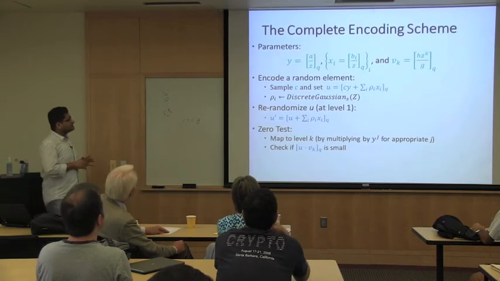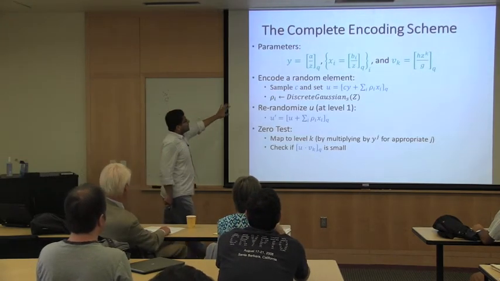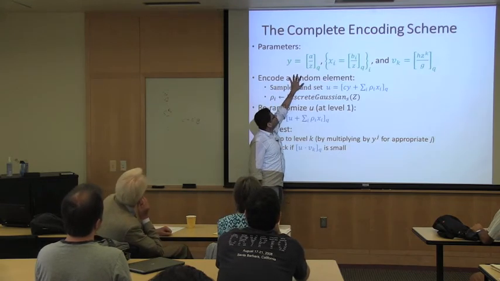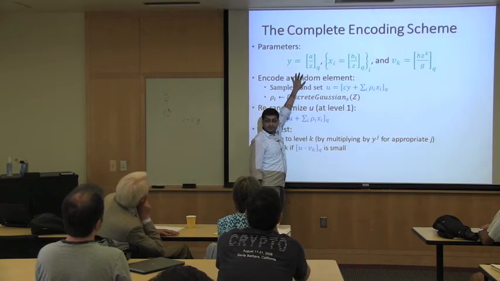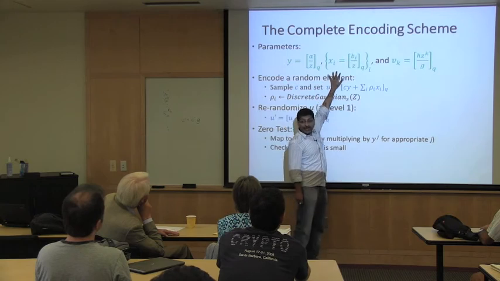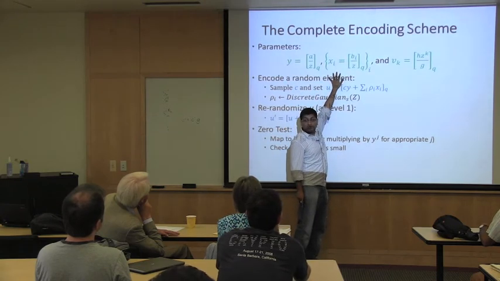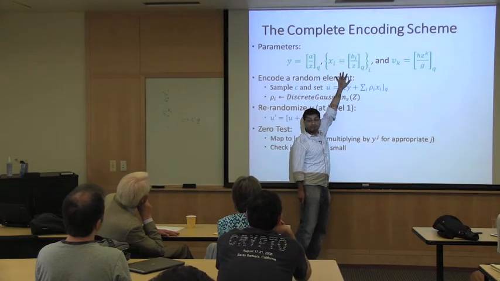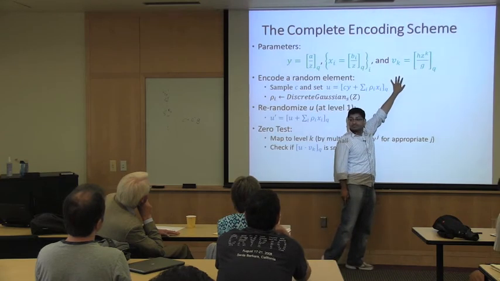So this is the complete picture. Our parameters consist of this level 1 encoding of 1, A being from the coset 1 plus I. The Xi's are the level 1 encodings of 0, the Bi's are from the ideal itself, and the 0 test parameter.